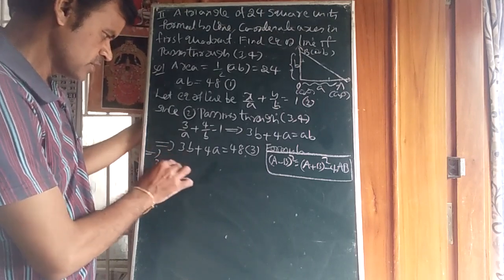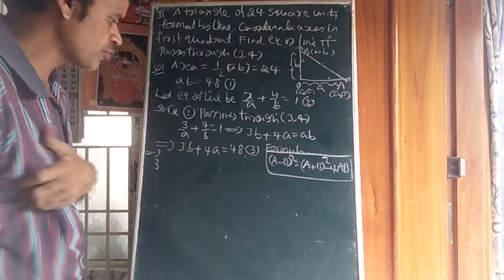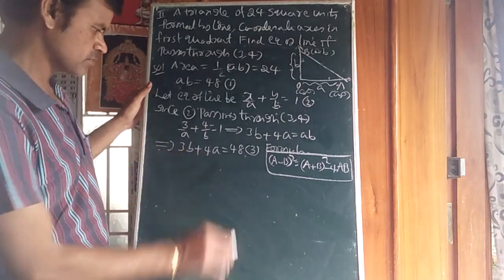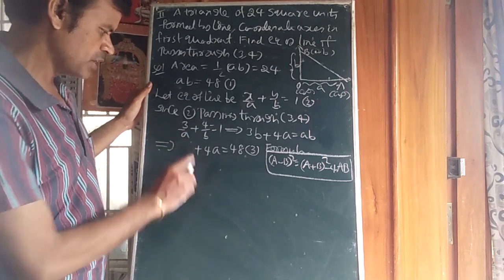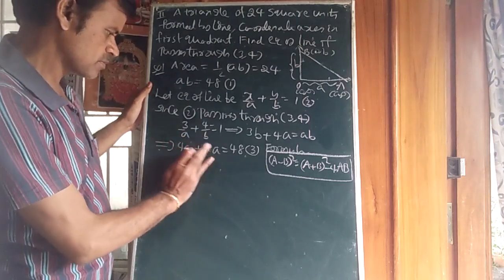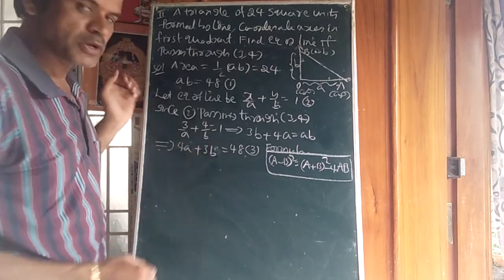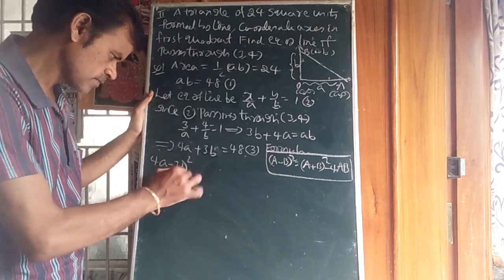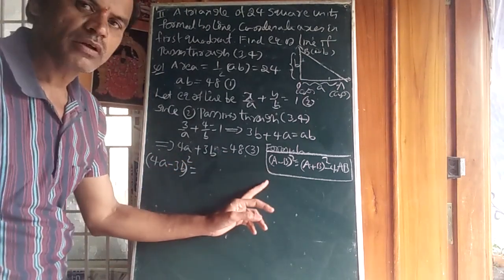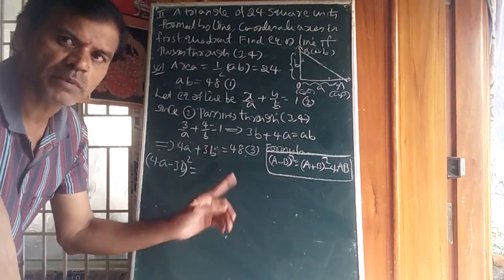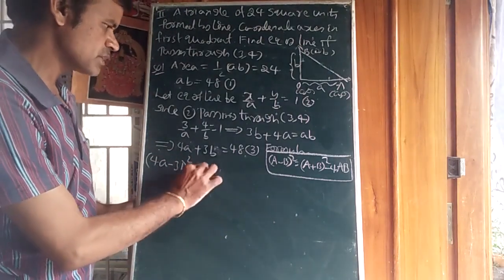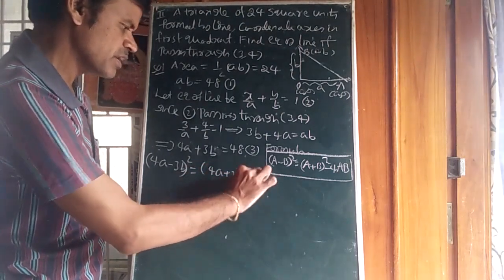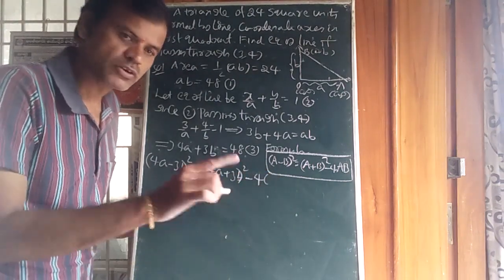That implies, consider 4a plus 3b, equal to 48. Now apply 4a minus 3b whole square. Consider capital A as 4a and capital B as 3b. 4a minus 3b whole square, apply the formula: 4a plus 3b whole square minus 4 into 4a into 3b.